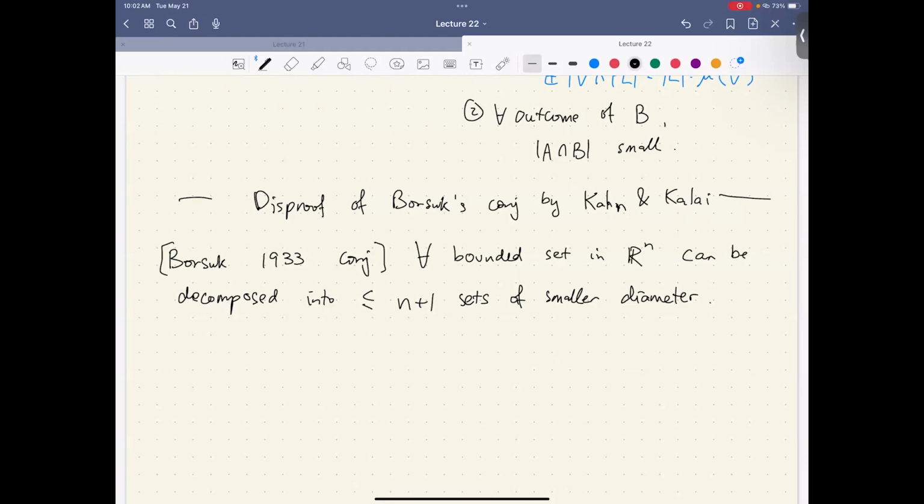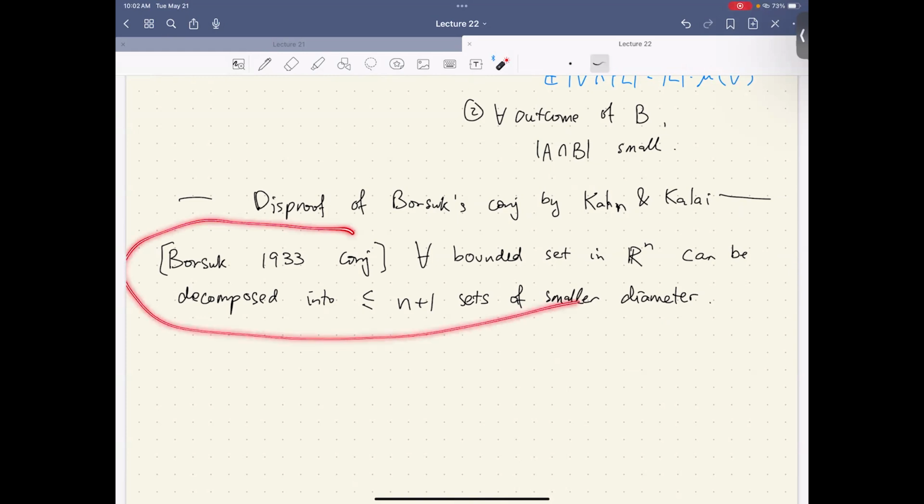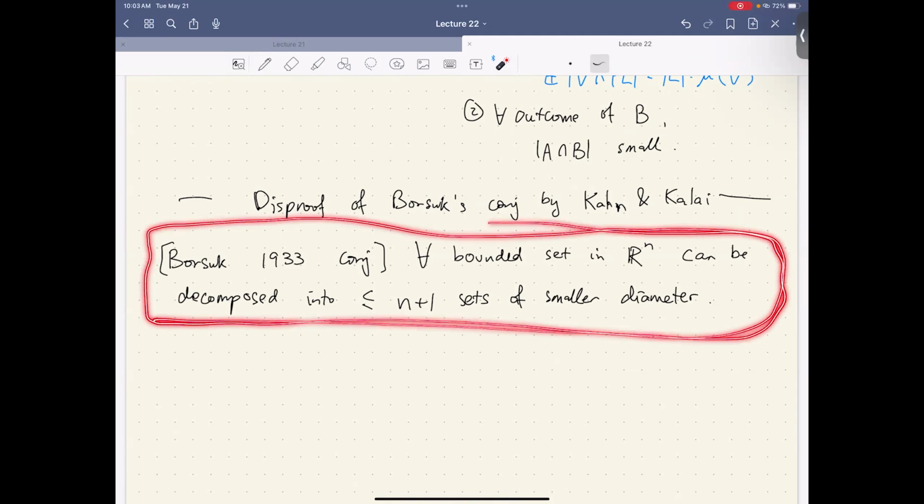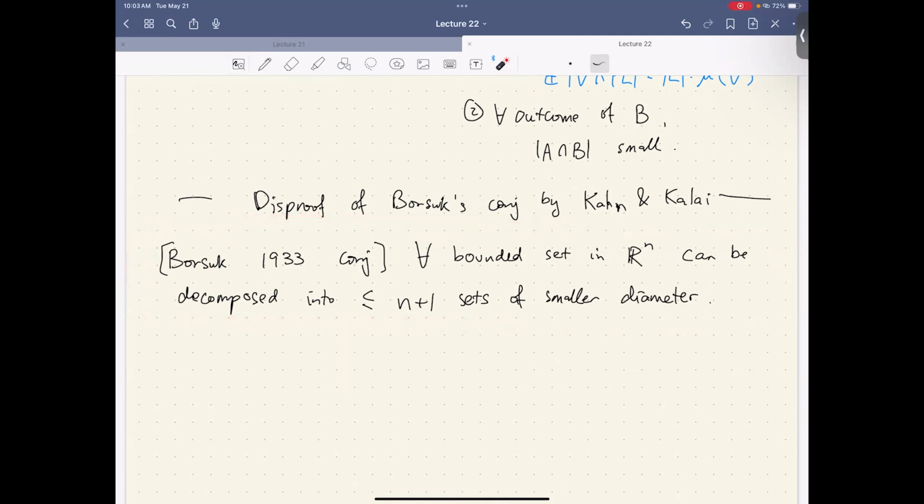So after this conjecture was posed, over the course of, I don't know, half a century, 50 years before the early 90s, some special cases were proved to be true for Borsuk's conjecture. Some nice shapes like these balls or boxes. But in the early 90s, Kahn and Kalai found a very short proof, surprisingly, disproving Borsuk's conjecture.